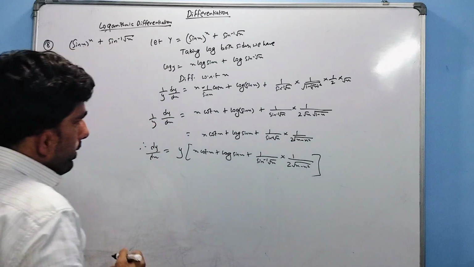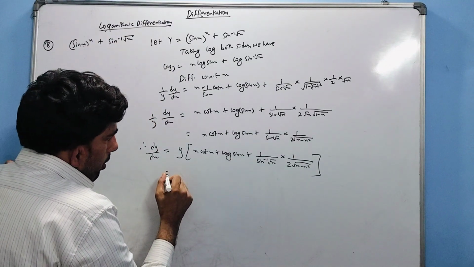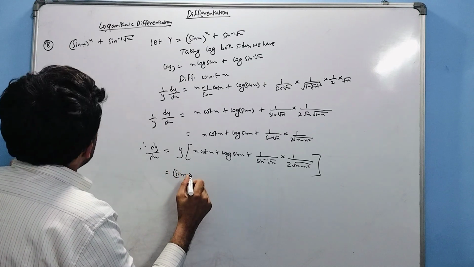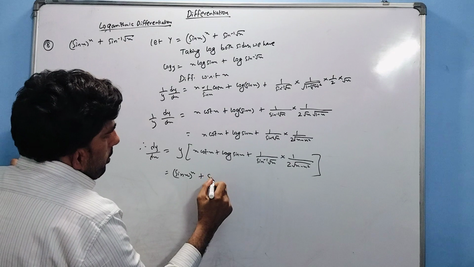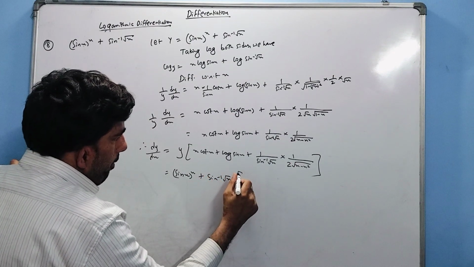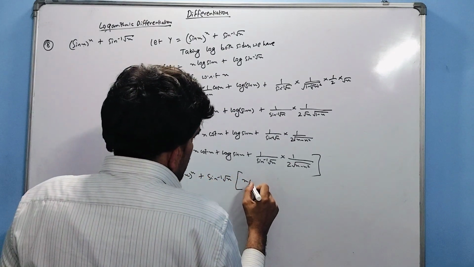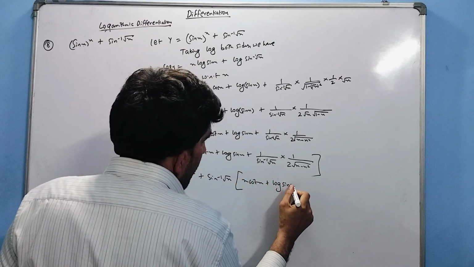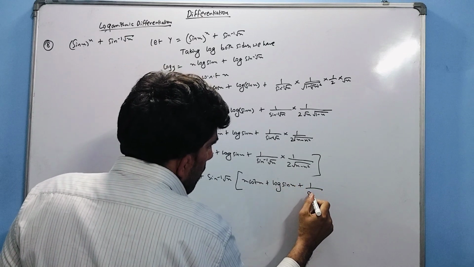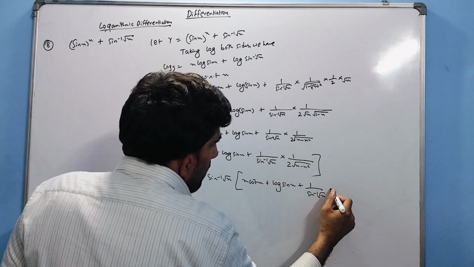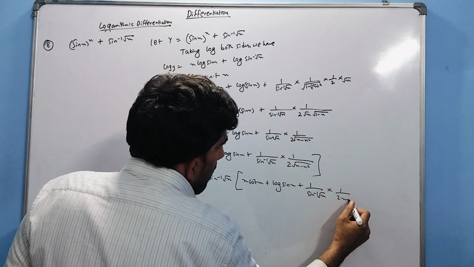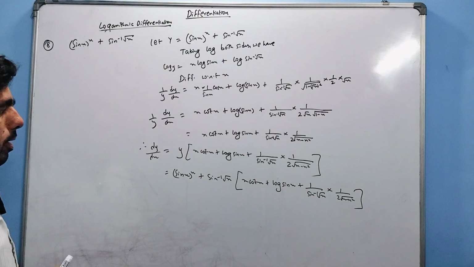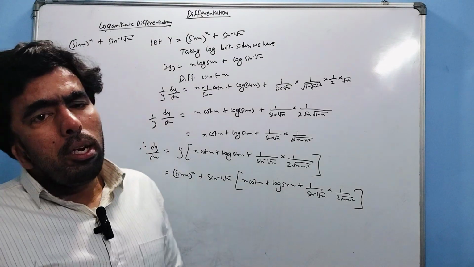Now what is y? Sin x upon x plus sin inverse root x, into x cot x plus log of sin x plus 1 upon sin inverse root x into 1 upon 2 x minus x square. So that is how we differentiate using log.